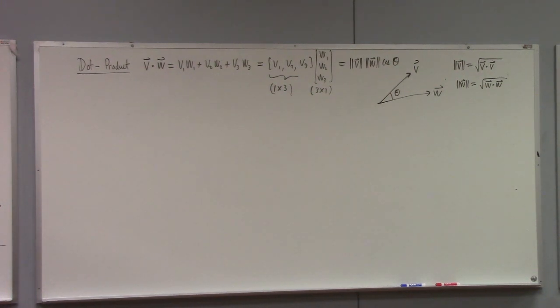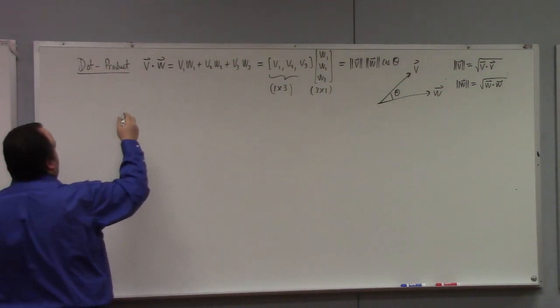Okay, so anyway, this is the dot product, and that's how it puts you in contact with the geometry in 3 dimensions. So an interesting question to ask is, what kind of matrix would it be?